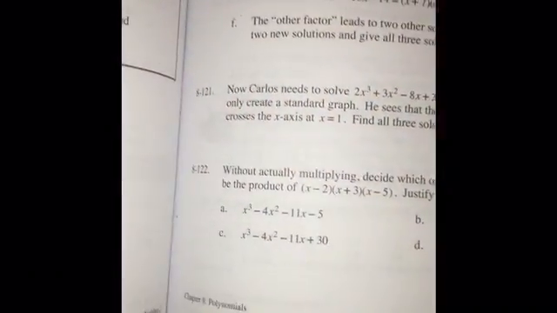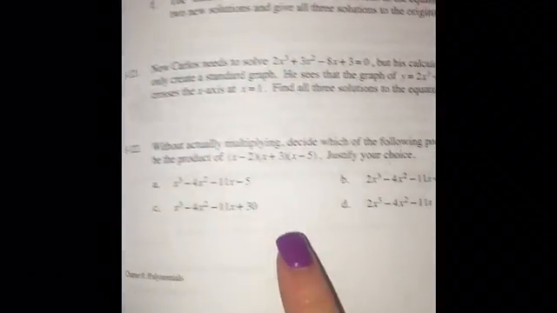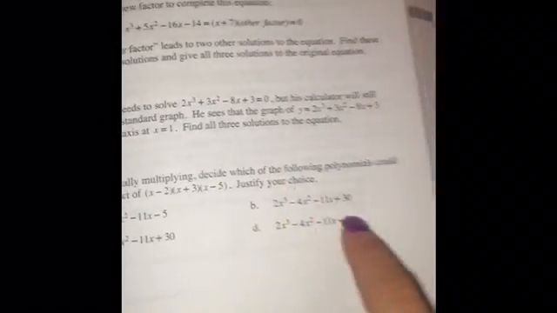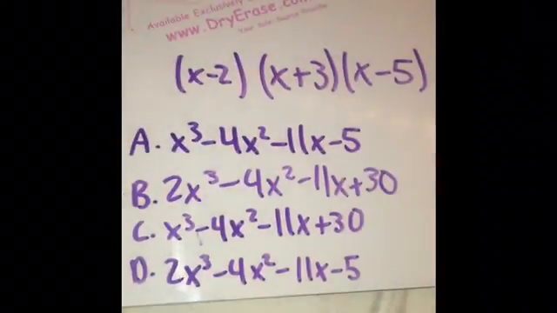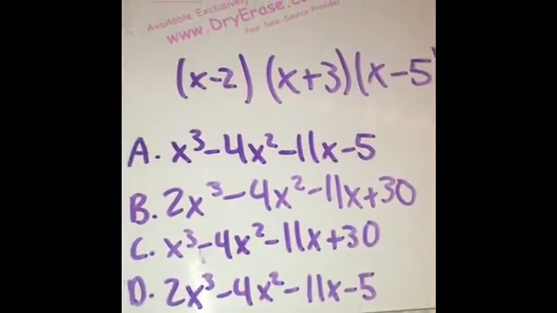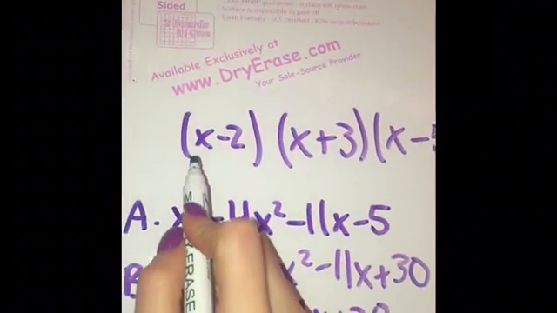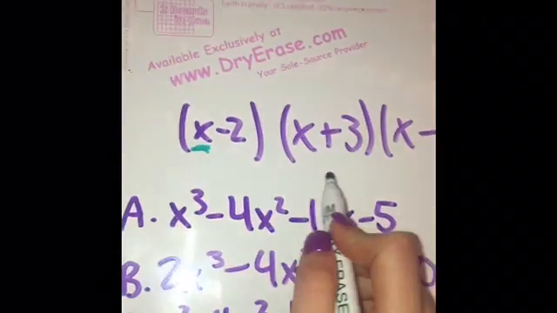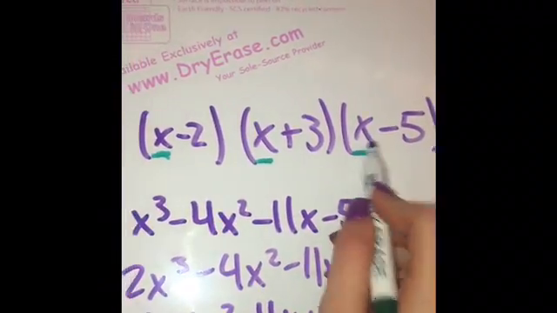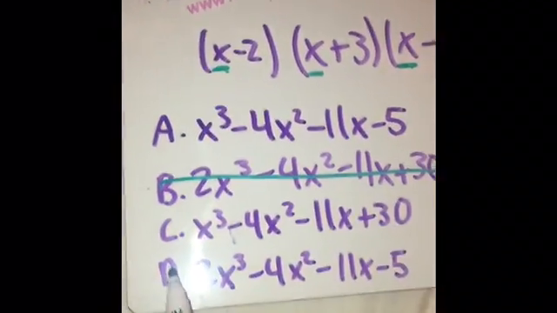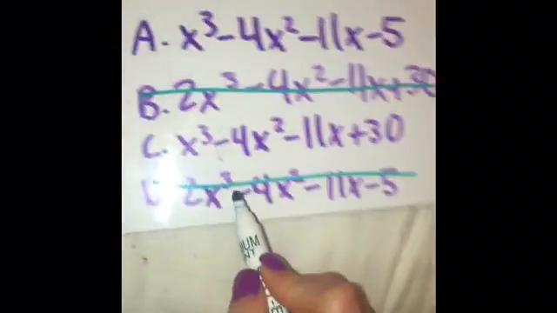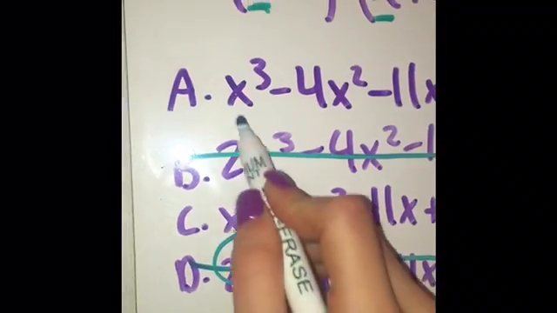For problem 8-122, without actually multiplying, which of the polynomials can be the product of this? I wrote it out down here. First you can already tell that there are 3 x's, and there's no coefficient in front of it. So it can't be B, and it can't be D, because there are 2's in front of it.